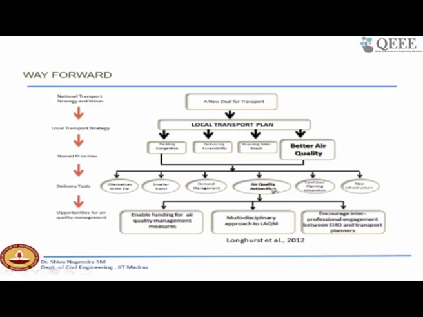Now if you look at some of the areas we have indicated, where air quality is significantly worse, you can look at how to reduce emissions by bringing out action plans only for that particular area. The current approach for air quality management is at the city level. We try to bring a policy to improve air quality at the city level.